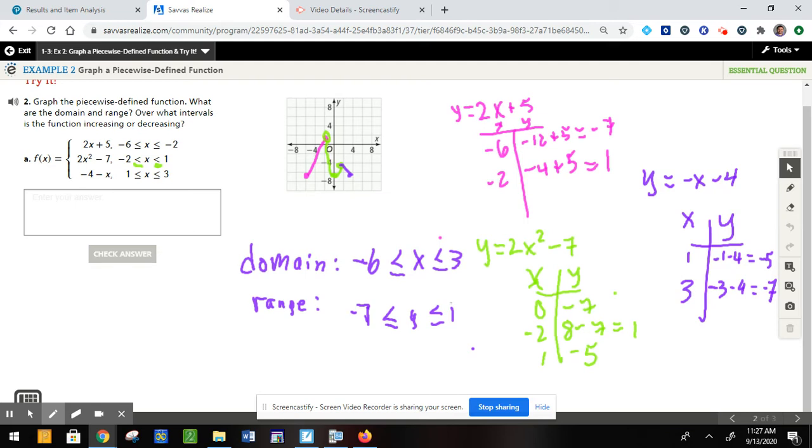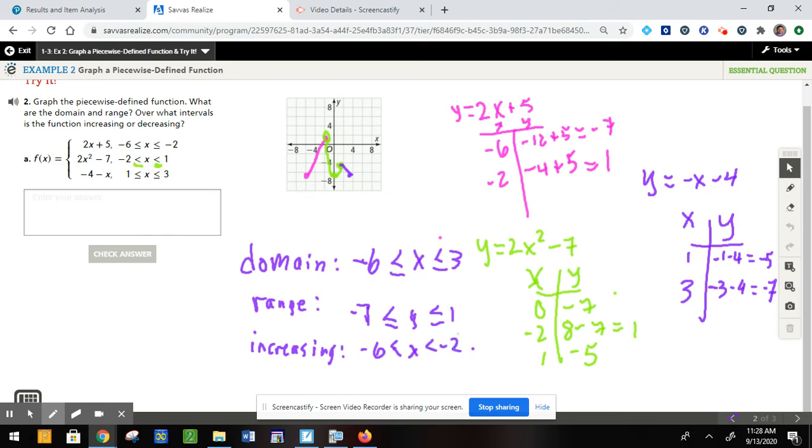In terms of increasing and decreasing, it's increasing from -6 all the way up to -2.